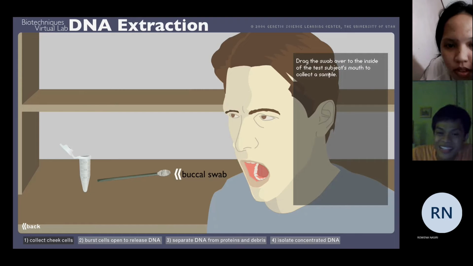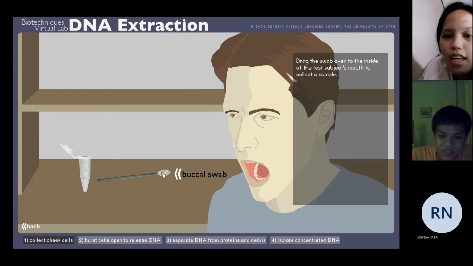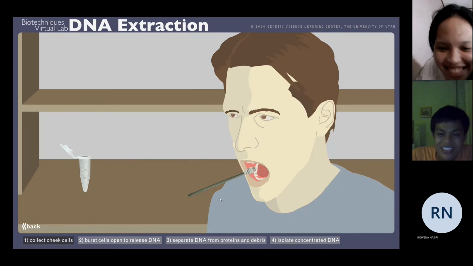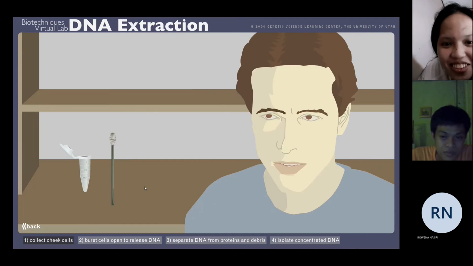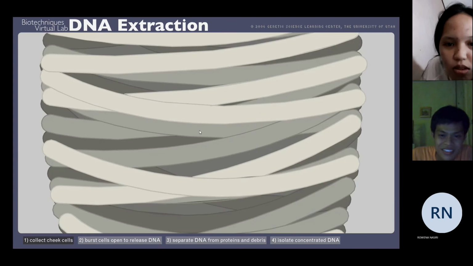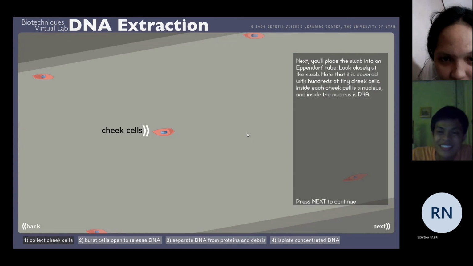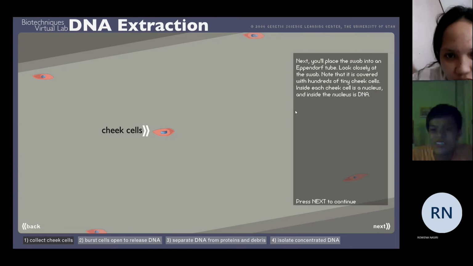Drag the swab up to the inside of the test subject's mouth to collect a sample. I-drag mo rin. Tinag ko na. Ayun. So, next. Wow. These are cheek cells.